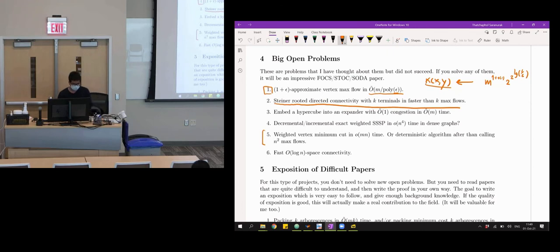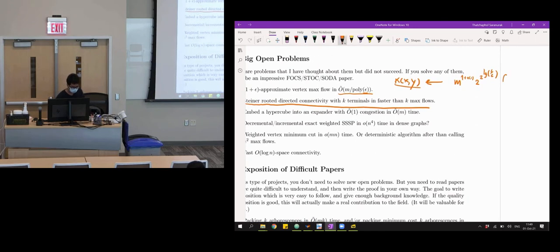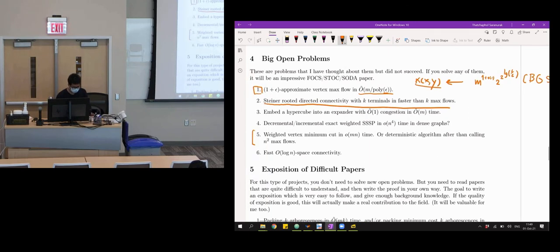The reason to hope for this is that, and this is by the way joint work with Bernstein, Gutenberg, and me this year, if it is just about edge MaxFlow, where you want the maximum number of edge disjoint paths, not vertex, then you can do it in this time.